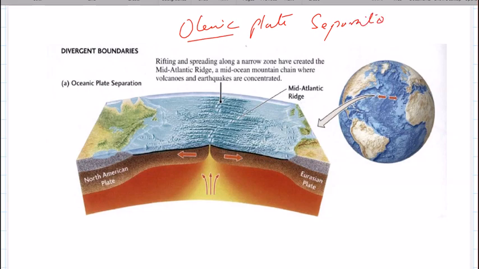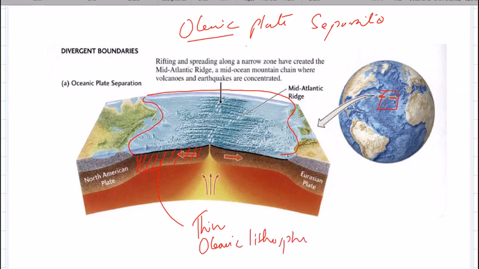Okay, if you look at this diagram, this is part of the Atlantic Ocean, right? So wherever the ocean is, this lithosphere is thinner, right? This portion is thin oceanic lithosphere, right?